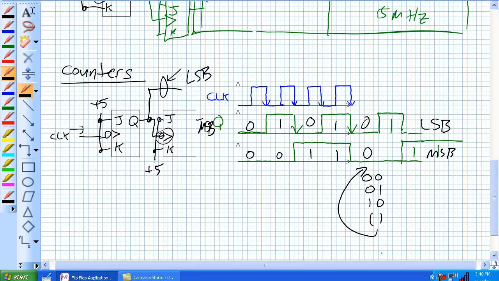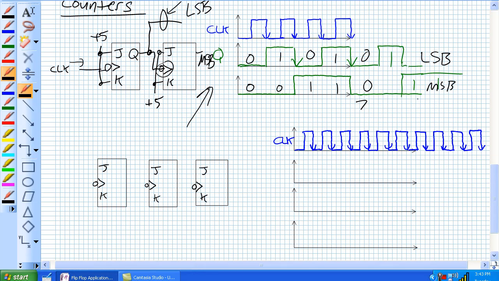Want a 3-bit counter? Just add another JK flip-flop here. And here we go. Here's our initial clock coming in. And every single one of these JK flip-flops are in toggle mode. Okay, so that's our initial clock coming in. It's negative edge detection.